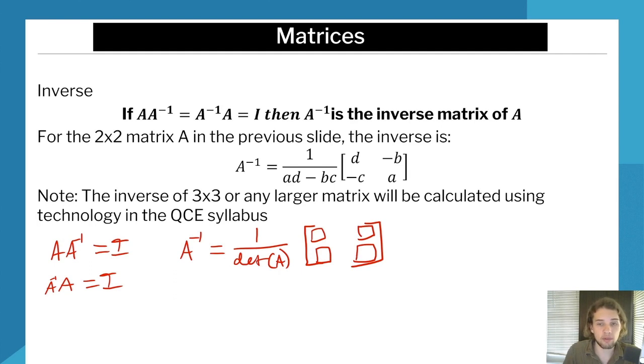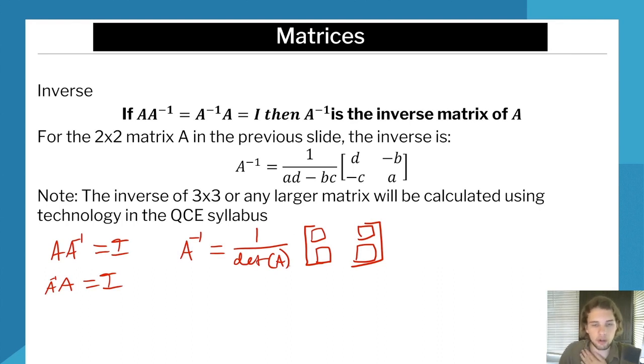If it's 3 by 3, it's very difficult to find. So other than your graphics calculator, which you'll probably cover in class, you won't actually have to find the inverse of a 3 by 3 matrix by hand, because it's absurdly difficult.